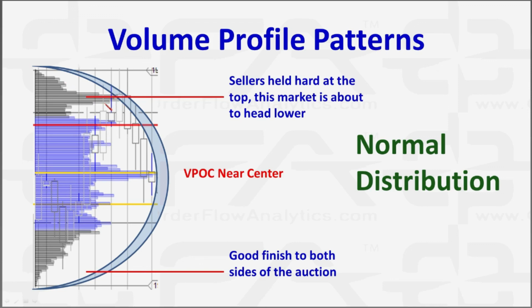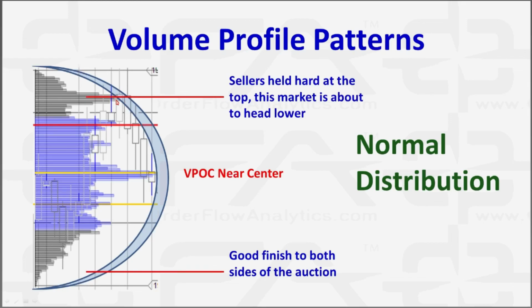This volume right here is a strong, strong, strong signal that sellers are holding. And this, if volume is acceptance, this one at the top of this range is telling you that the risk is to the upside.